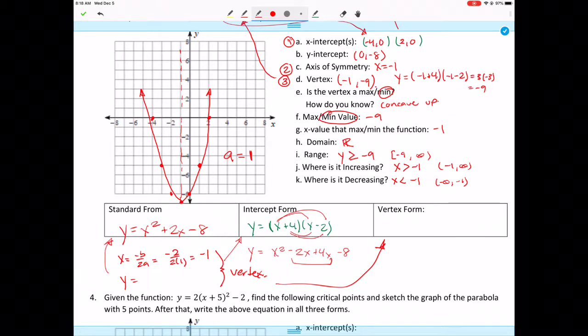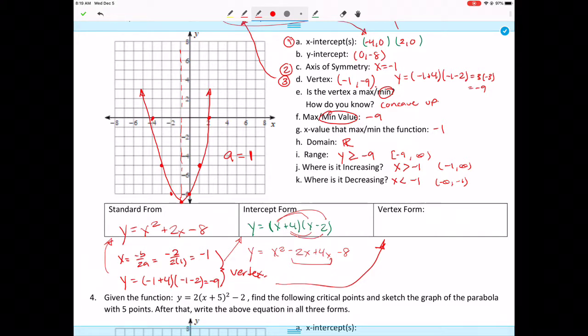I'm going to plug it into intercept form. So that gives us -1 plus 4 and -1 minus 2, which is what we already did. But if you were just given the equation, this is what you would do. And that still gives us negative 9.